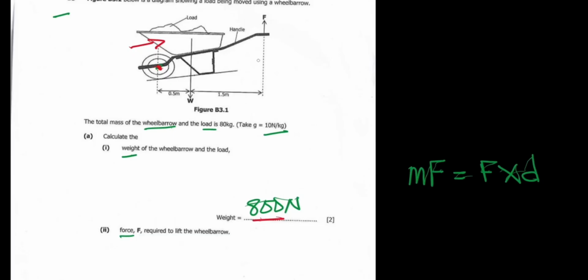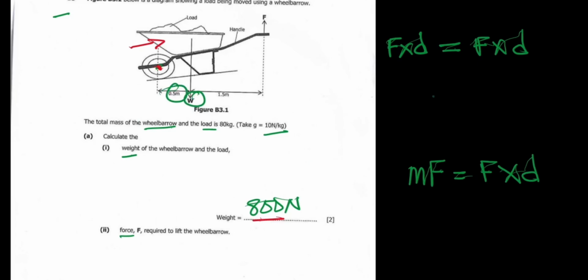So when we look at the moments, we have the moment of force for the clockwise moment and the moment of force for the anti-clockwise moment. For the clockwise, what we have is the weight and the distance from the pivot.